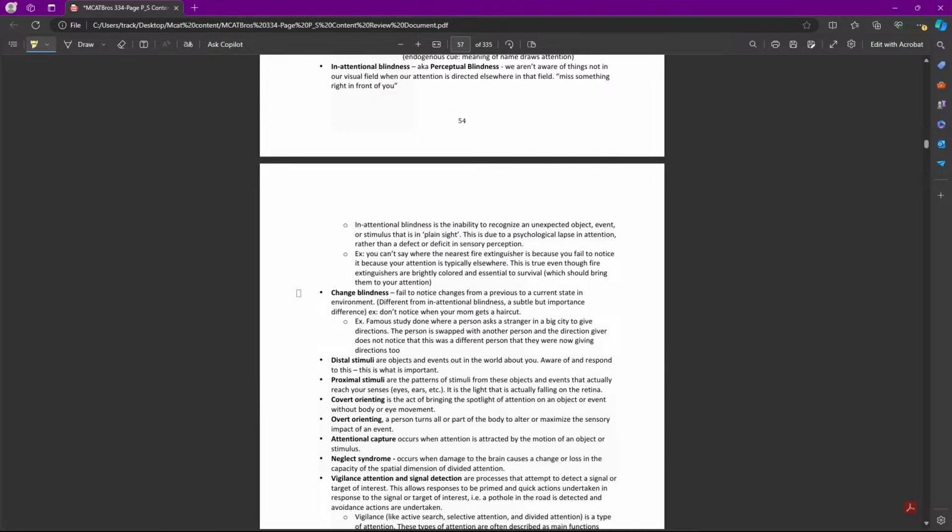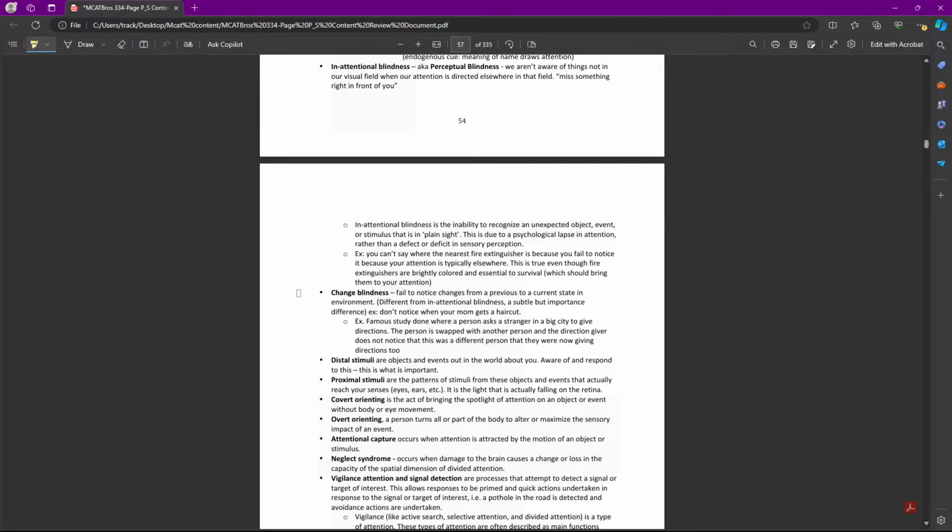Inattentional blindness is the inability to recognize an unexpected object, event, or stimulus that's in plain sight. This is due to a lapse in attention rather than a defect or deficient sensory perception. We can't say where the nearest fire extinguisher is because we fail to notice it, because our attention is typically elsewhere. This is true even though fire extinguishers are brightly colored and central to survival.